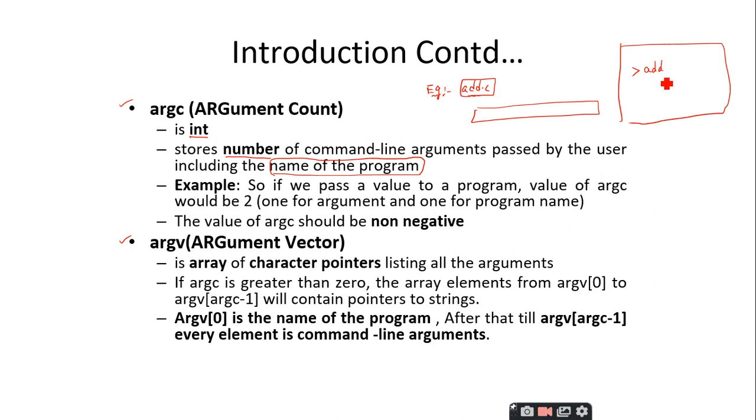I have taken add here, it may be XYZ or whatever name you want to give to the C program, it is your choice. The first argument will be the name of the program, and we know the purpose of this add.c. It accepts two integer values and it outputs the sum.